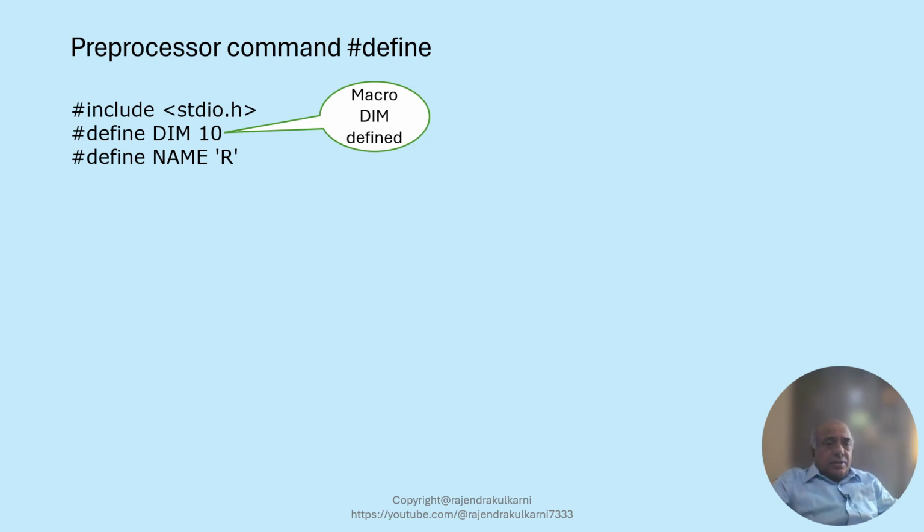So whenever dim appears in our program, at the time of compilation the compiler will replace that dim with the value 10. Similarly, we have defined another macro called name. This macro is defined as having the character R. So whenever name appears in our program, the compiler, before compiling, will replace it with the character R.